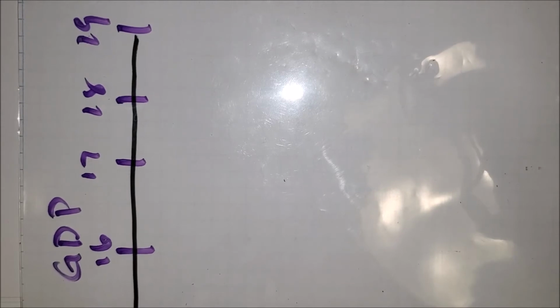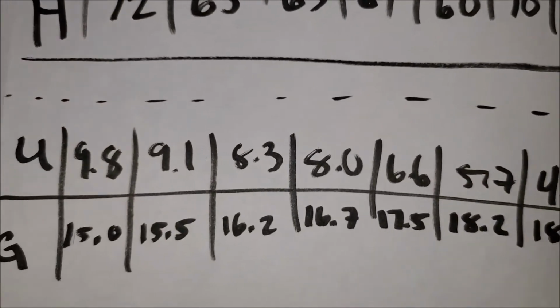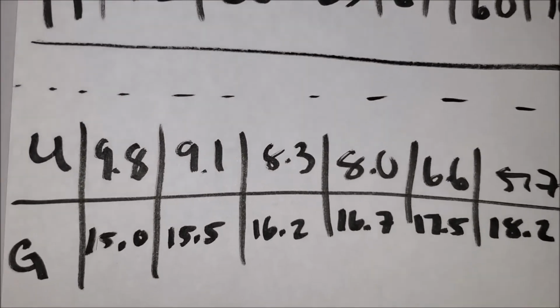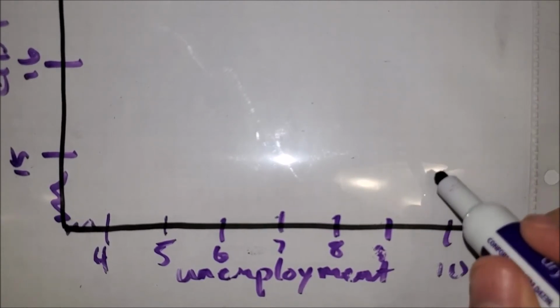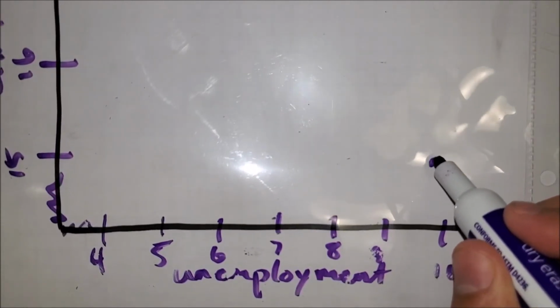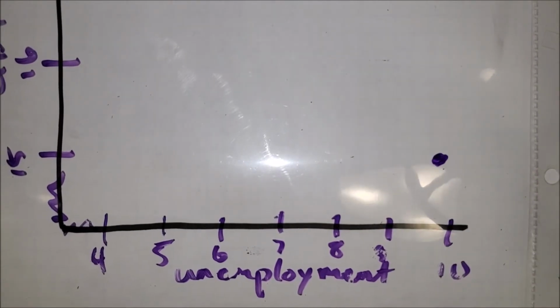So our first point says we have 9.8 and 15. So 9.8 and 15 is close to 10 and 15. So we'll just go a little bit here before the 10, go up to the 15, put our dot there.